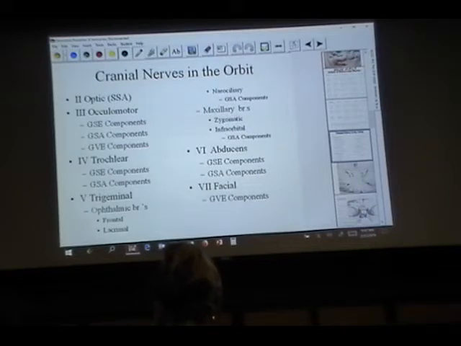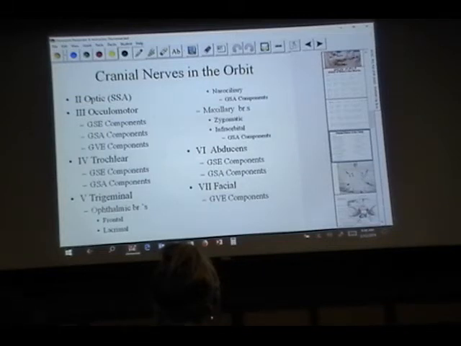Pterygopalatine fossa. So the maxillary branches are usually passing lower; we'll see that relationship in a minute.